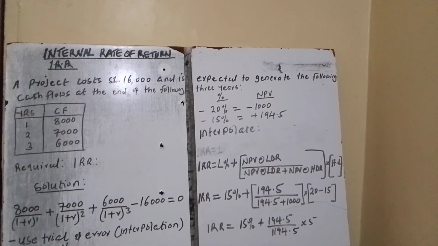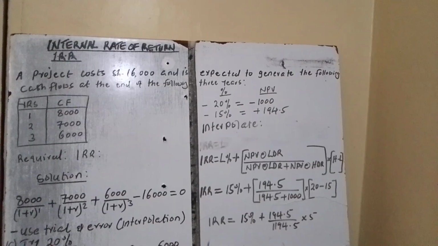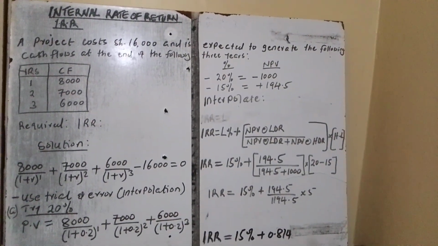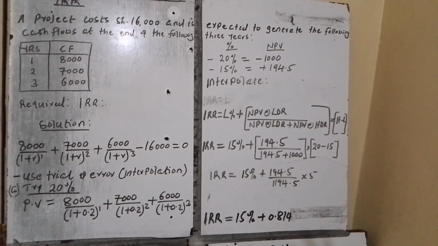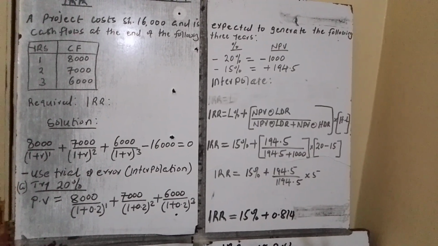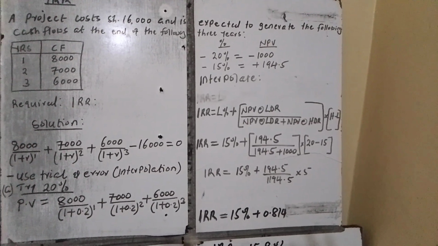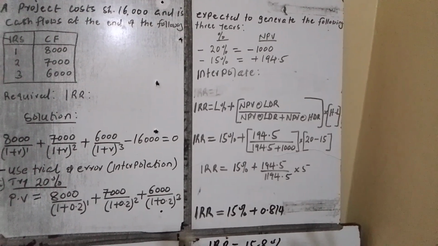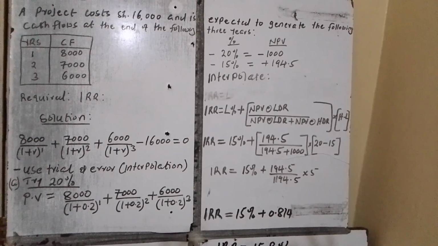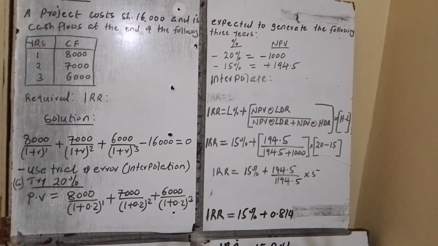A project costs shillings 16,000 and is expected to generate the following cash flows at the end of the following 3 years, year 1, 2, 3. Cash flows we have 8,000, 7,000, and 6,000. What is the internal rate of return?